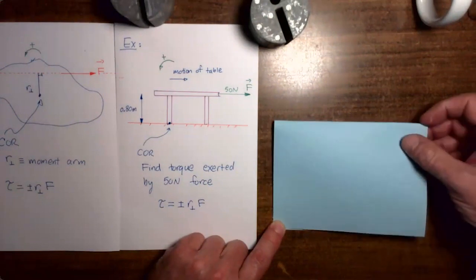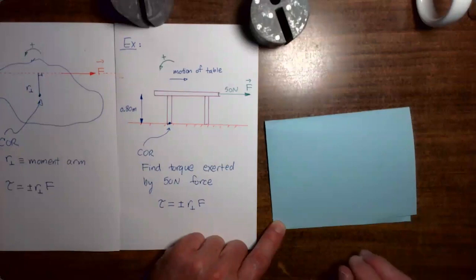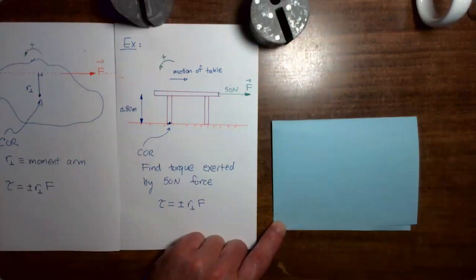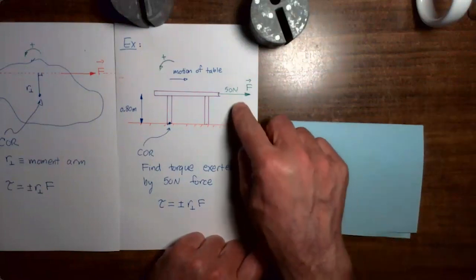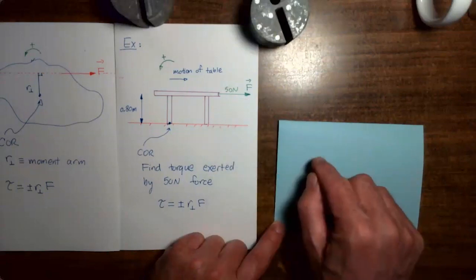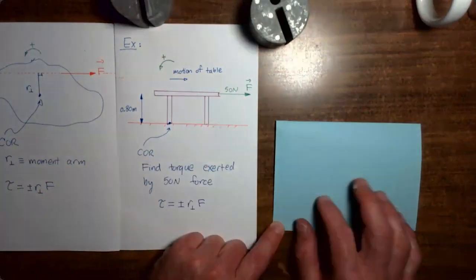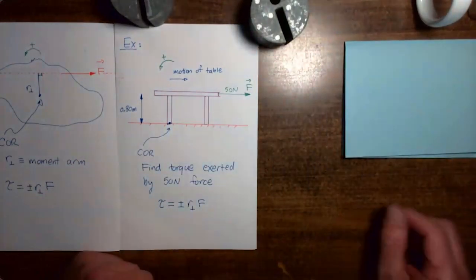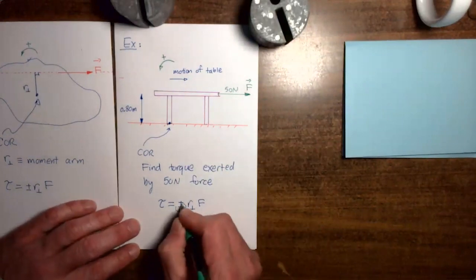And can you see that when I pull to the right, then the, quote, table rotates clockwise around the center of rotation here. So that tells us that this force actually delivers a clockwise torque with respect to the center of rotation over here. So this would actually be a negative torque according to our sign convention. So negative torque.